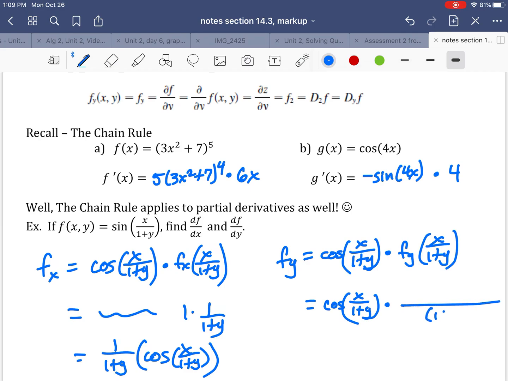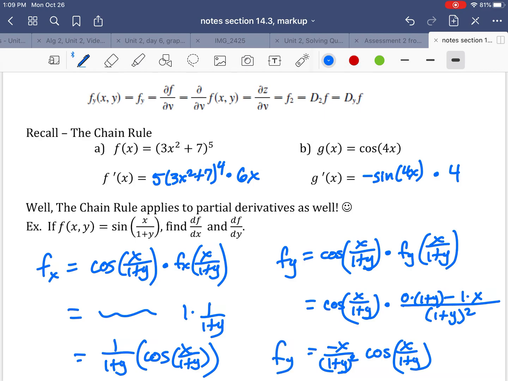So that means the bottom has to get squared. The derivative of the top is a constant. So remember, the derivative of a constant is 0 times the bottom, 1 plus y, minus the derivative of the bottom with respect to y, which would be 1 times the original top. All right, so what I get right there is a negative x over 1 plus y squared times cosine of x over 1 plus y. And that is my derivative. They look a little different. Okay, so there's fy and fx.